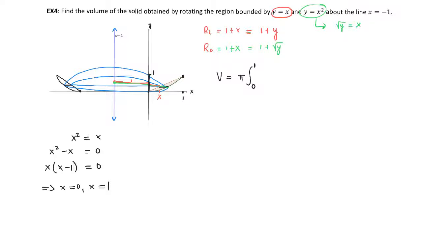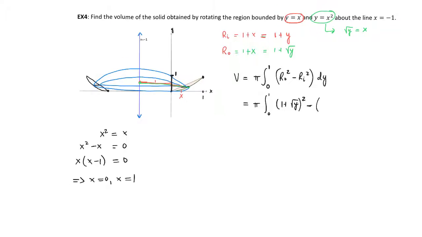From 0 to 1, the outer radius squared minus the inner radius squared, all of this dy. So pi, the integral from 0 to 1, of the outer radius, 1 plus the square root of y, squared, minus the inner radius, 1 plus y, squared, brackets, dy.